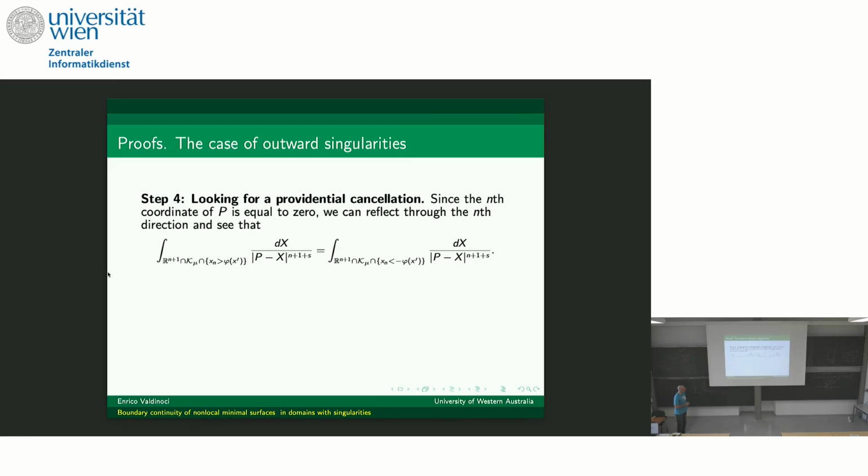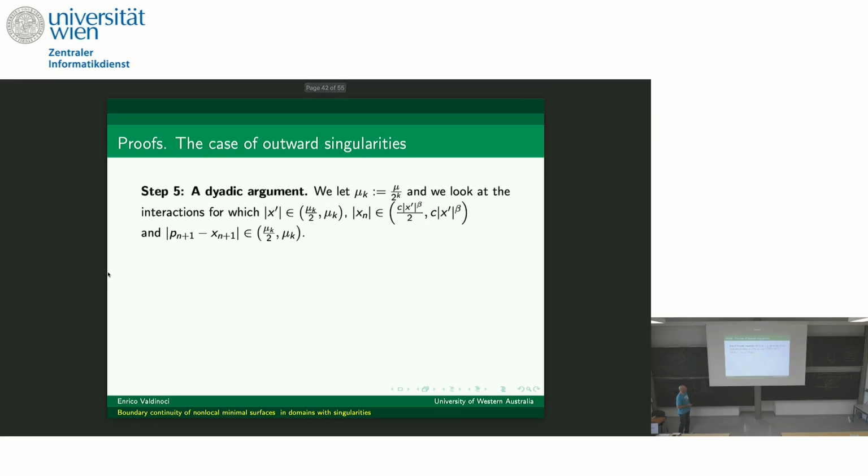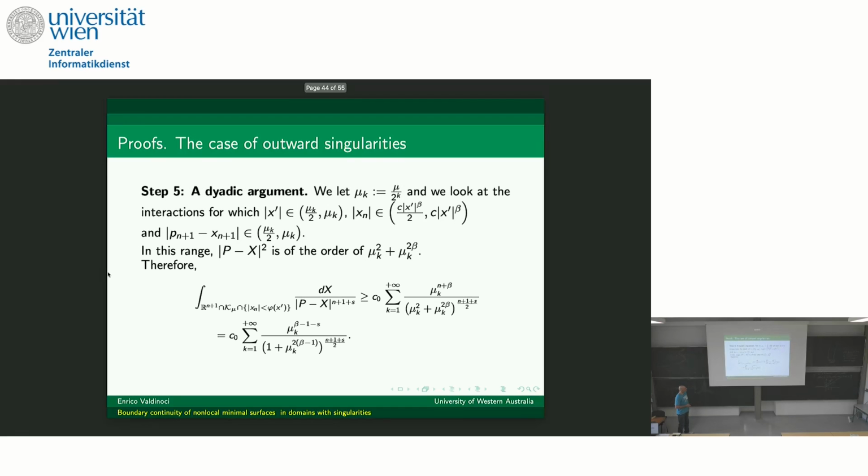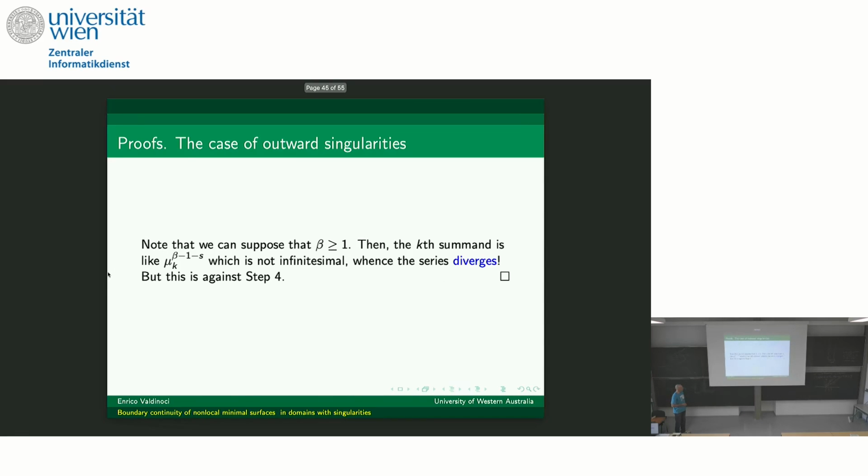The drawback is that you also change the sign of phi, so you have to check the error that you have when you do this flip of signs. And well, again, this is sort of an explicit domain, and you can get an error like mu to the s. And then you perform this with the scaling. So you divide your cylinder in dyadic cylinders, and you perform this calculation, and you get a series of these contributions that look like this.